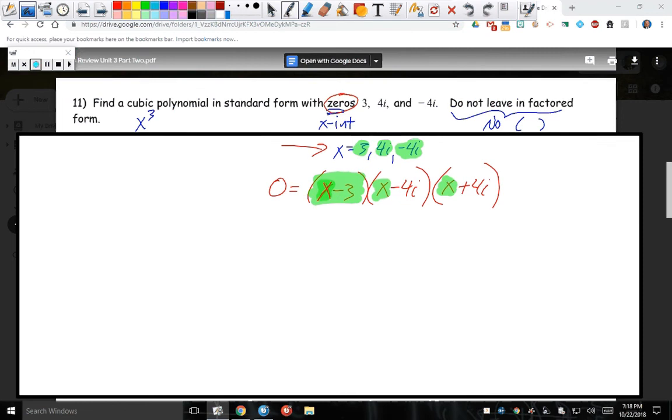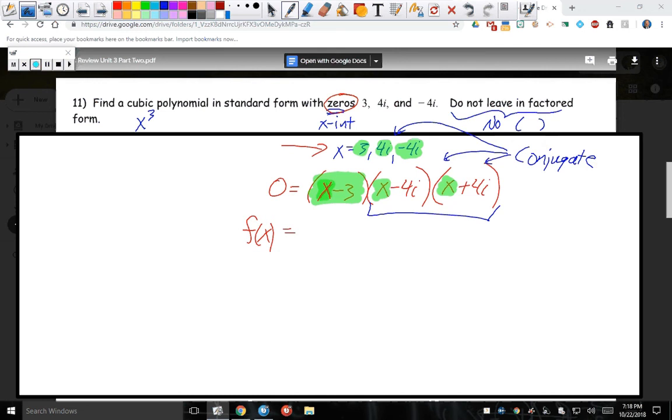So now that we have them set up, we are going to distribute all these, basically FOIL them all out, to where we could have f of x is equal to whatever all this is FOILed out. So let's go ahead and do them in steps. I would suggest, because this is a conjugate pair, remember conjugate pairs came in that plus or minus form with imaginary roots, we should be able to notice that this right here is a sum of squares.